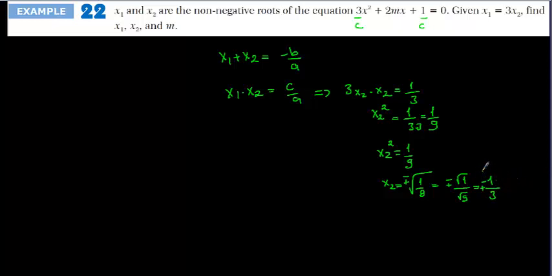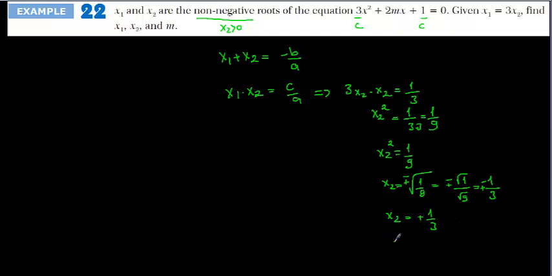We cannot take the minus 1. x2 cannot be negative, because it's written here non-negative, so x2 must be greater than 0. That's why this negative value we are not going to take, and the value of x2 is going to be 1 over 3.